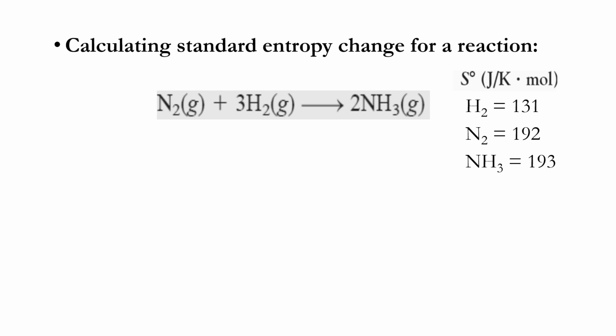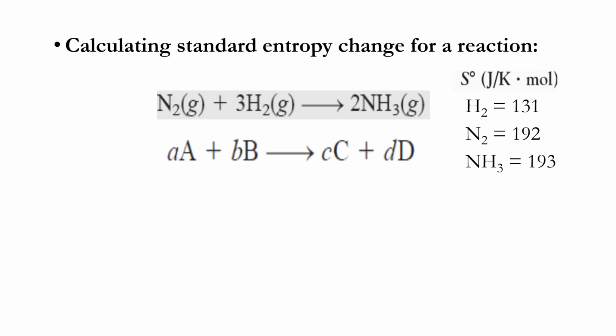We have 3 substances: nitrogen, hydrogen, and ammonia. Their standard entropies taken from the appendix of the book are hydrogen 131, nitrogen 192, and ammonia 193. You will be using these constants in computing the change in entropy for the reaction.